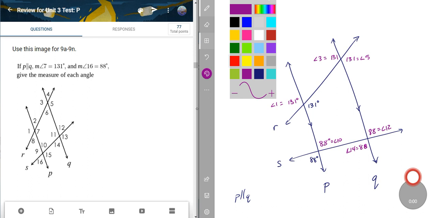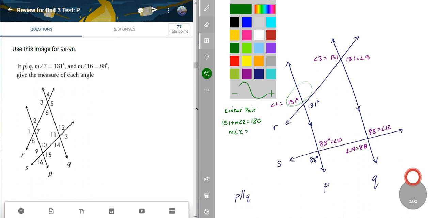How do I find the other ones? Well, this is just the linear pair stuff. So if I just go ahead and look at something like this, I know that these two angles will add up to 180 degrees. So then I know 131 plus, let's just use measure of angle 2 here, is going to equal 180 degrees. So I'll subtract the 131 from both sides.